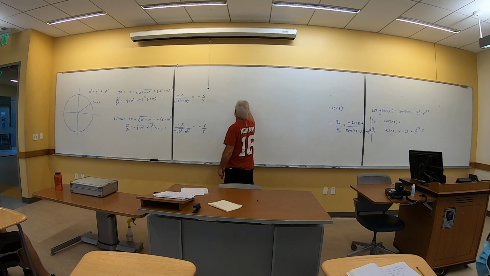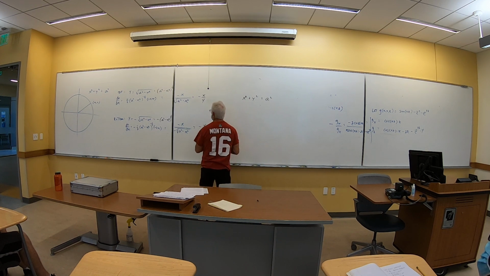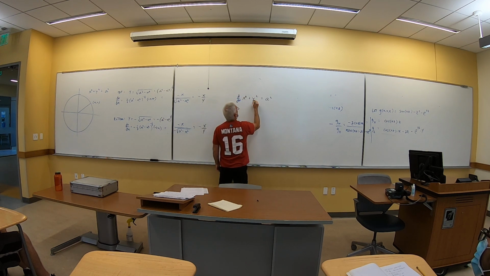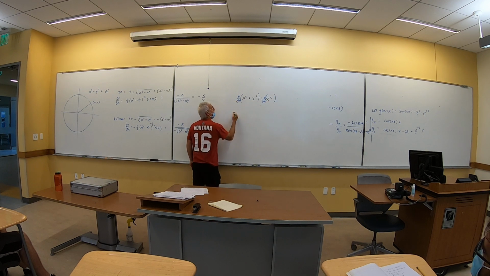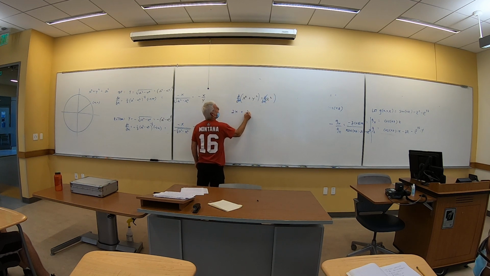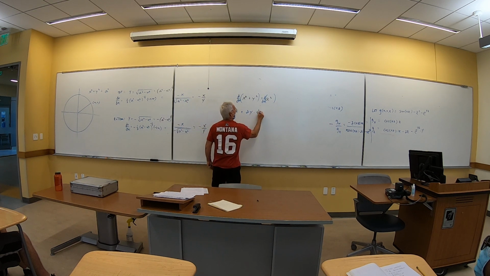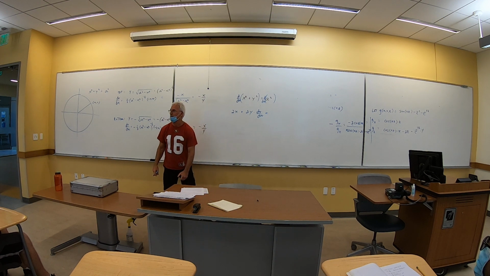If I had done this implicitly, and this is part of the reason you should like implicit, okay, I have 2x plus 2y, but y is a function of x, so times dy dx equals the derivative of the square of my radius, and that would be 0 because that's a constant.